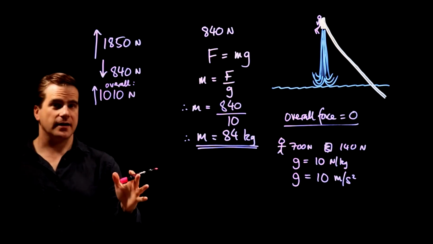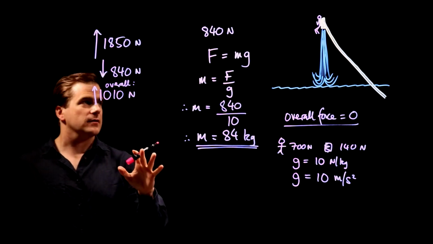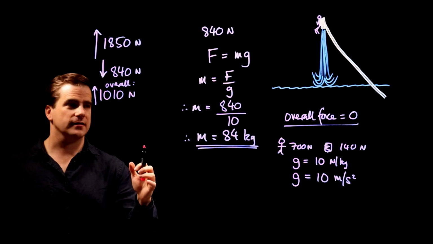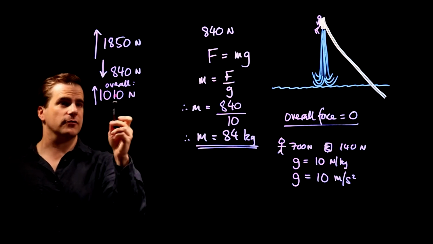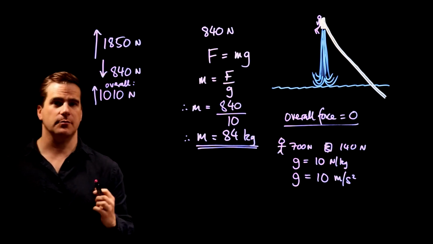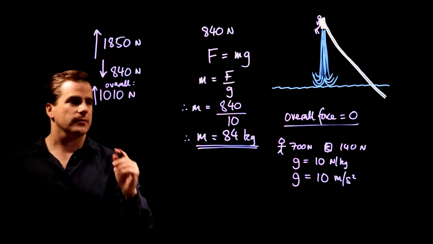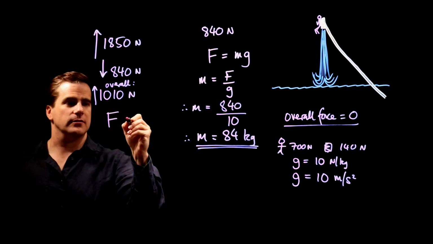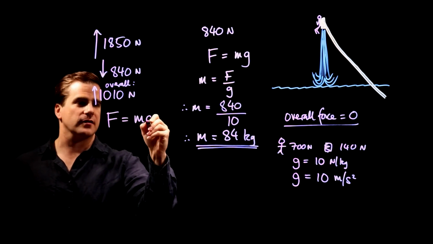So this is Newton's second law now. If an object has an overall force acting on it, it will accelerate, and the overall force is 1010 newtons upwards, so it's going to accelerate upwards. So we have to work out acceleration. So again, we're going to use force is mass times acceleration.